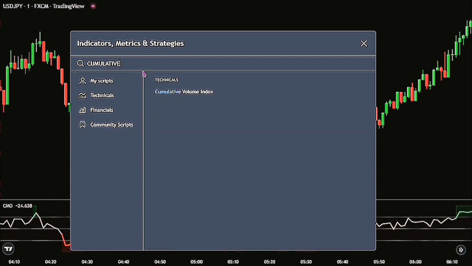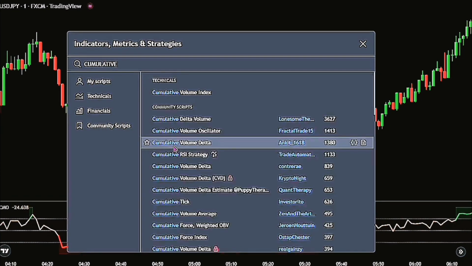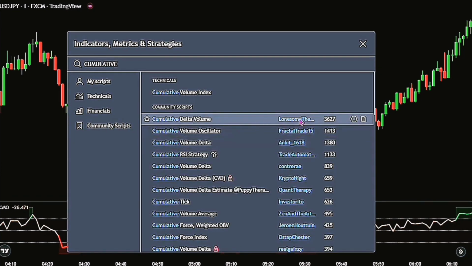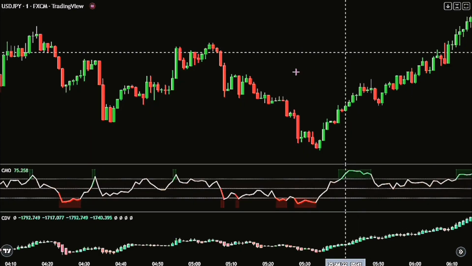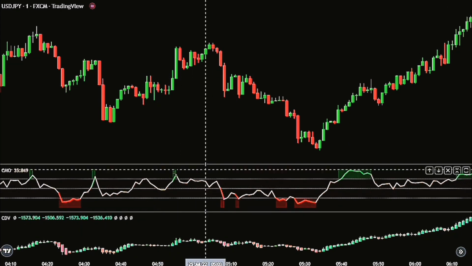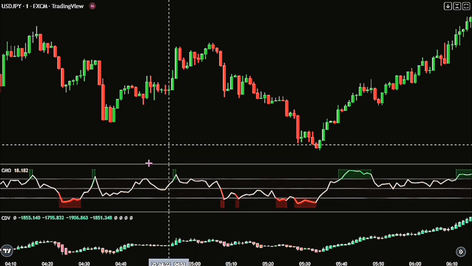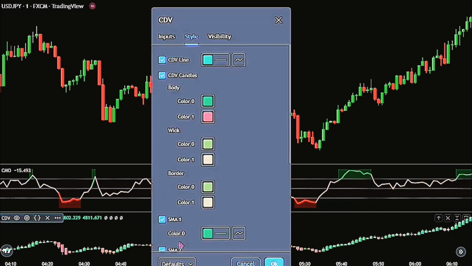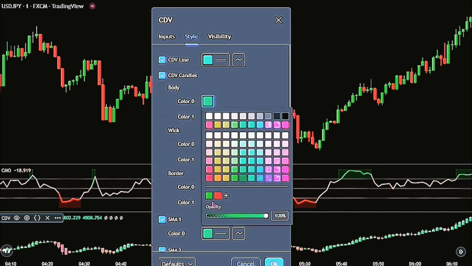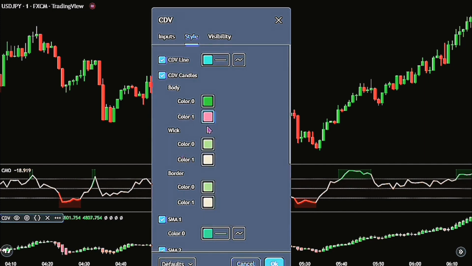And for the second indicator, let's search for Cumulative Delta Volume by LonesomeTheBlue. So let's head over to the settings and make some adjustments.